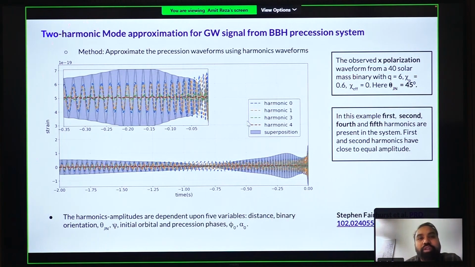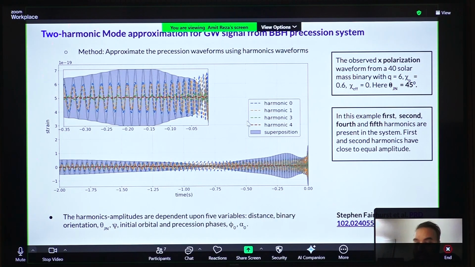I'm more interested in the precession setup, because right now I'm working more on that. We have a two harmonic representation of precession signals, where we assume that precession signals can be simplified or decomposed into a power series based on a given parameter. That parameter depends on the opening angle between the orbital and the angular momentum.